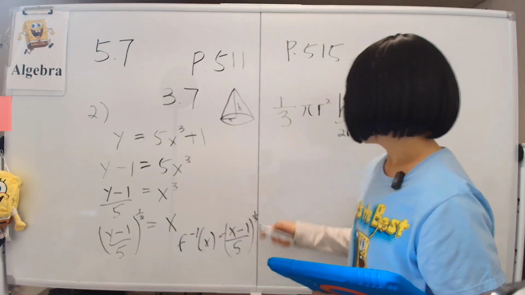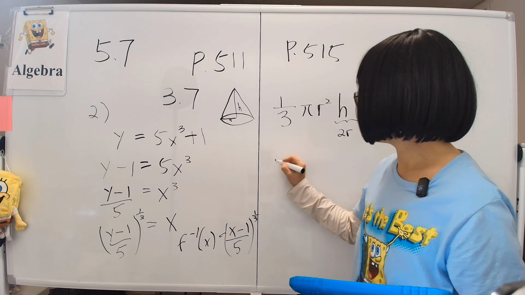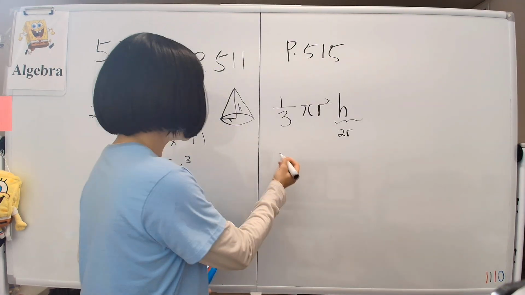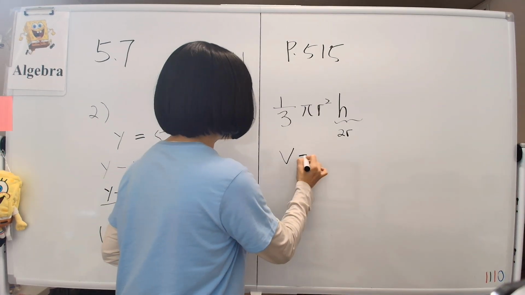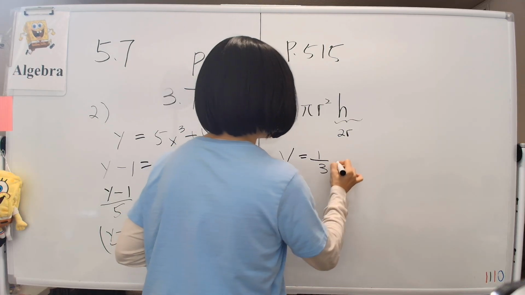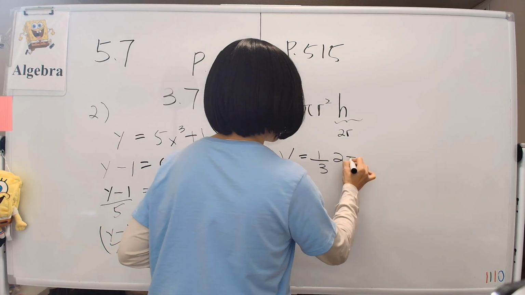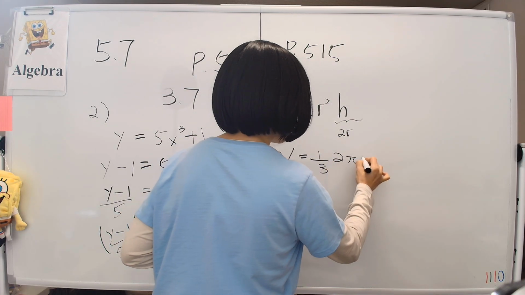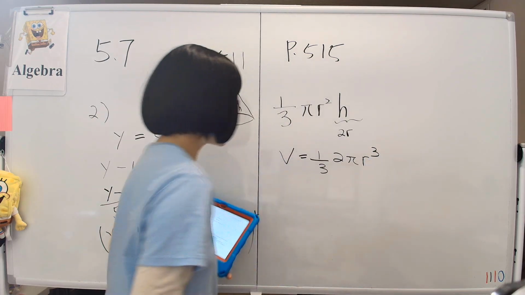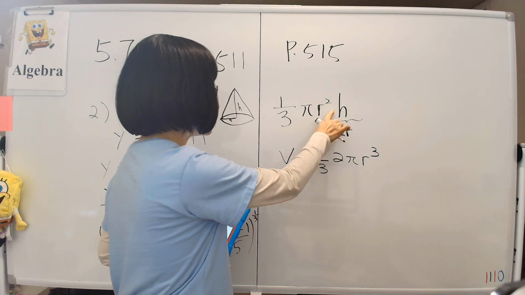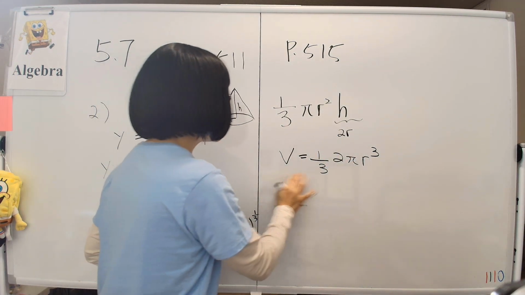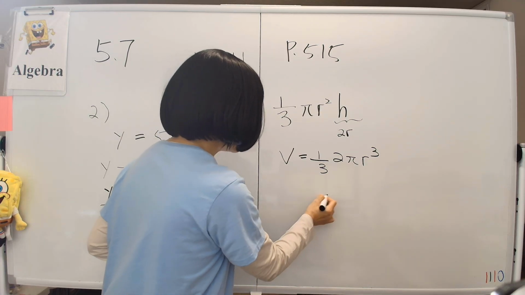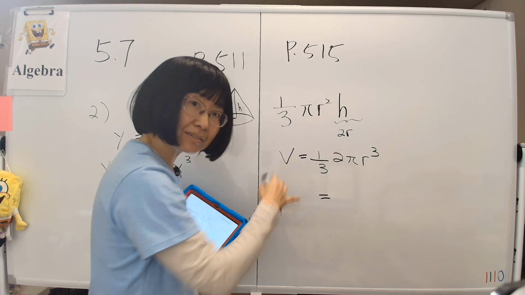So the volume is equal to 1/3 times 2 pi r squared times r, which is r cubed, because h is 2r in this situation. Now we need to isolate r, so let's get rid of everything that isn't r.